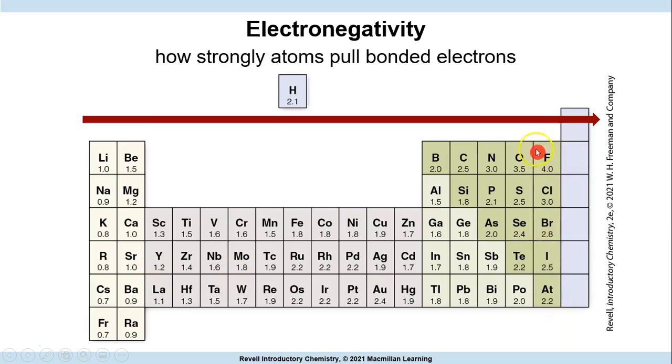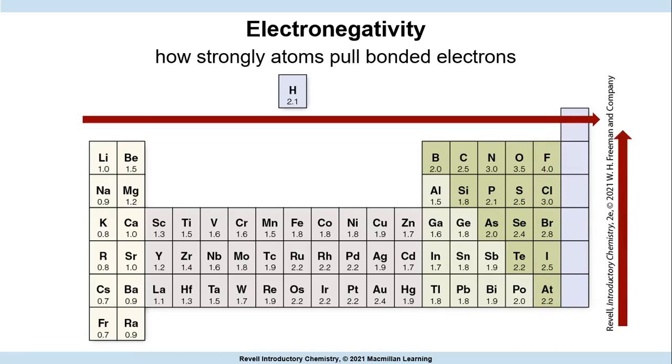Now, let's look at the group. For group 7A, the electronegativity for astatine is 2.2, iodine is 2.5, bromine is 2.8, chlorine is 3.0, fluorine is 4.0. You see that they are increasing from bottom to top.